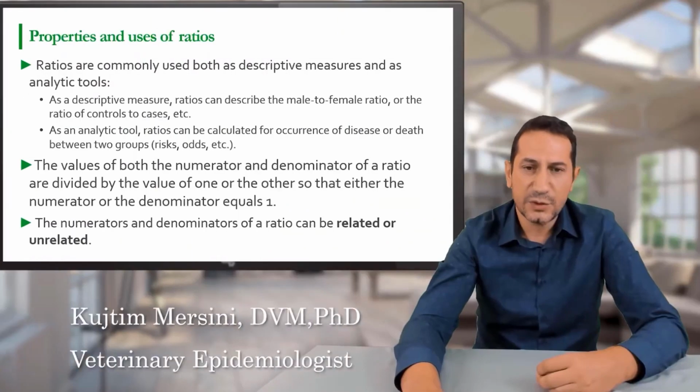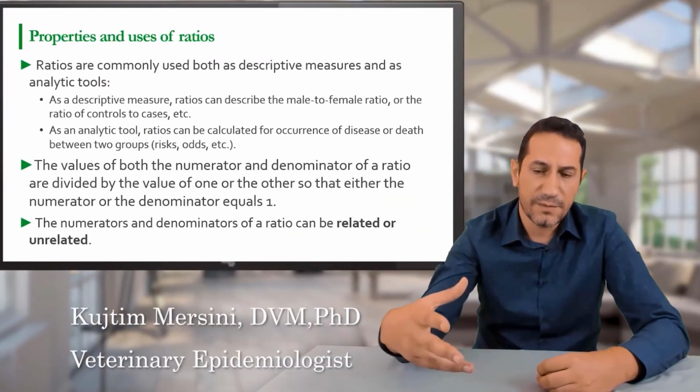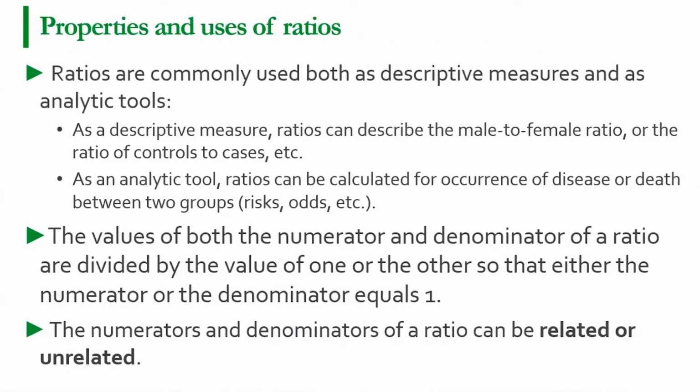The properties and uses of a ratio are that ratios are either a descriptive tool or an analytical tool. Ratios can be descriptive, like we said in the puppy example, male to female ratio, or cases to controls, and so on.